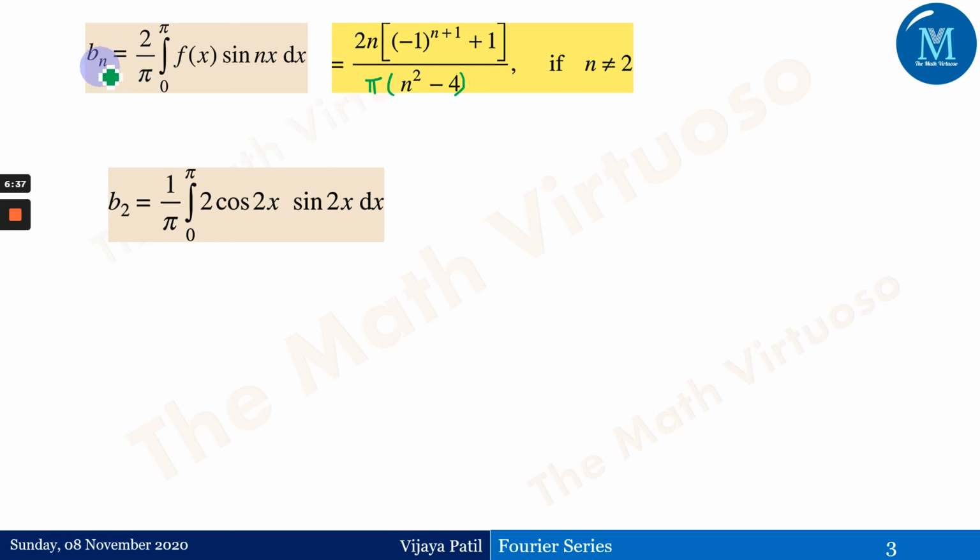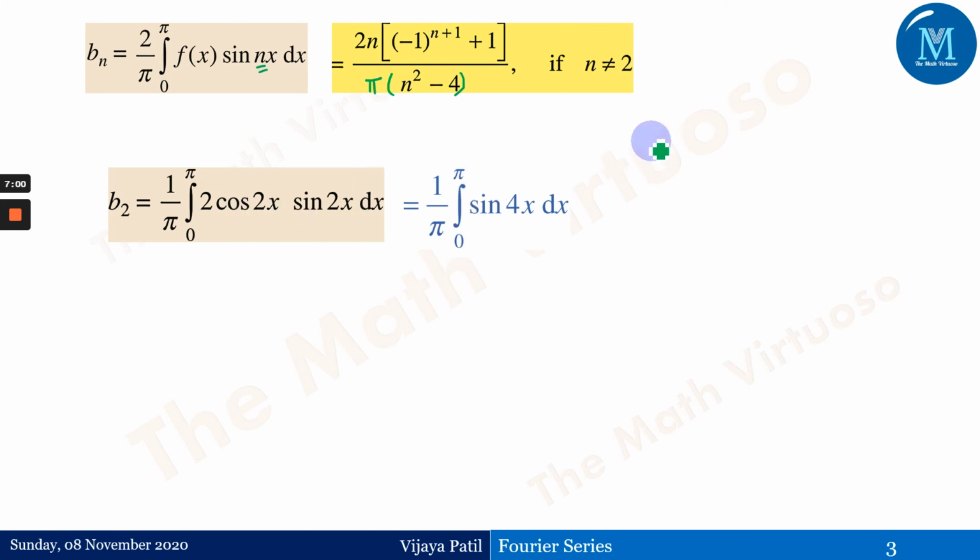So with n as 2, it is 1 by pi, integral 0 to pi, 2 times cos of 2x, which is a function f of x here, because I have combined this 2 inside into sine of 2x. So instead of this n, we have to take n equals to 2. Again, the same formula will work. The same formula will give me 1 upon pi integration 0 to pi. Otherwise, there is another formula.